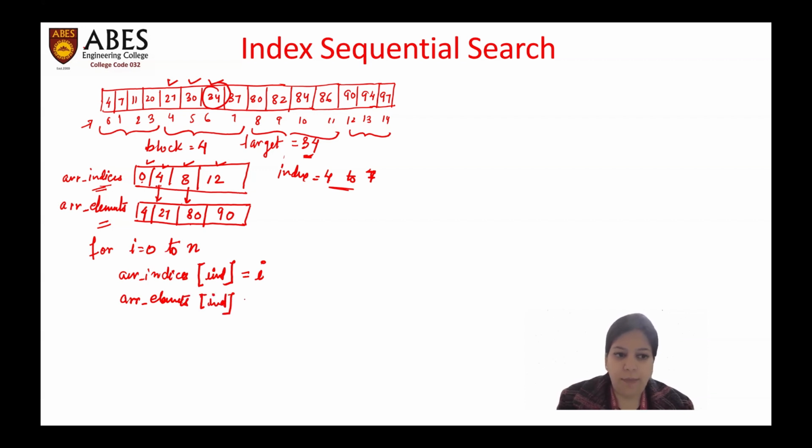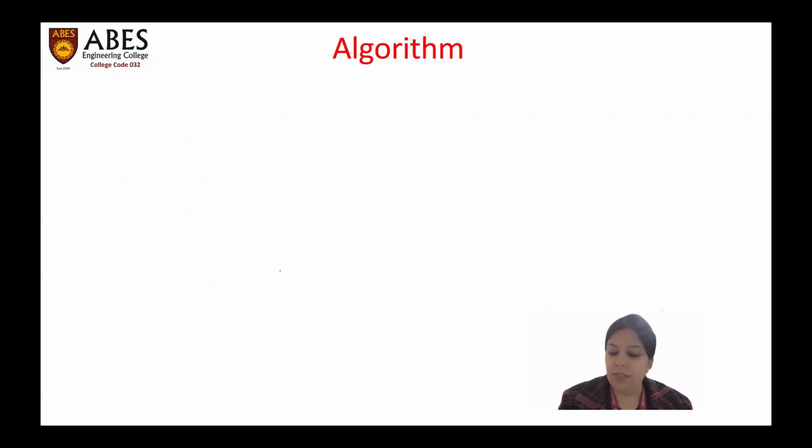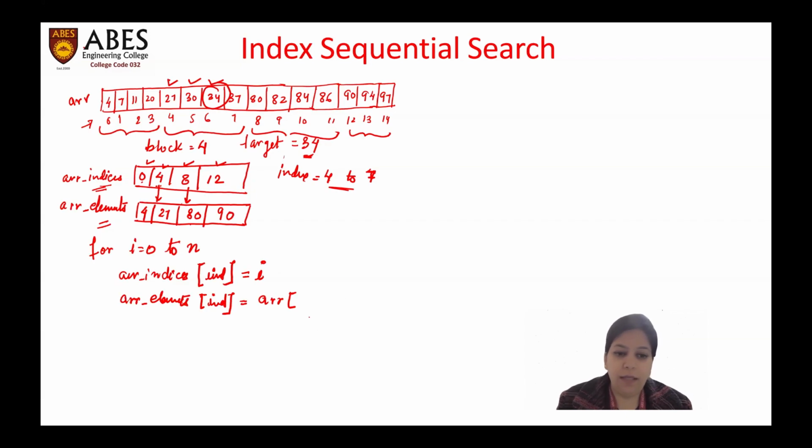So array elements at the same index will store the value stored in the original array. Suppose the original array is given the name ARR. We can say that ARR elements IND is equal to ARR I.